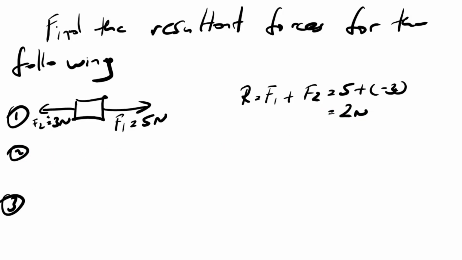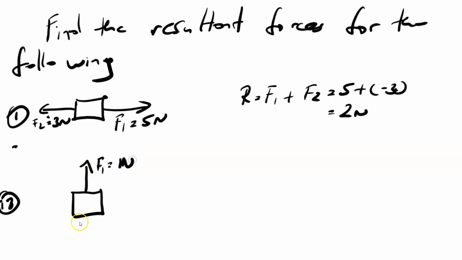Let's raise 3 for more space, and let's make this one a little bit more difficult. Let's say I have a force going upwards. Let's call it F1, 1 newton. I have a force going downwards, call it F2. Let's make it 1 newton as well.